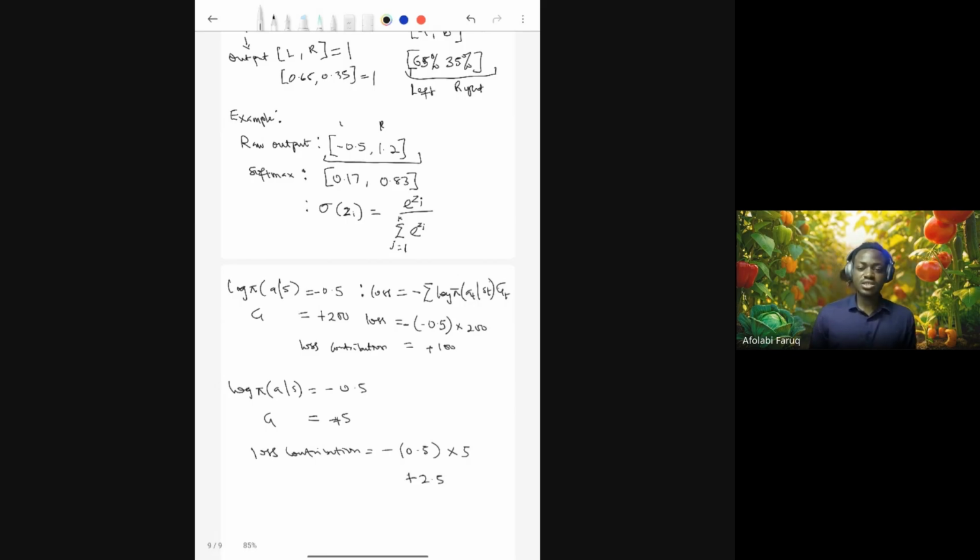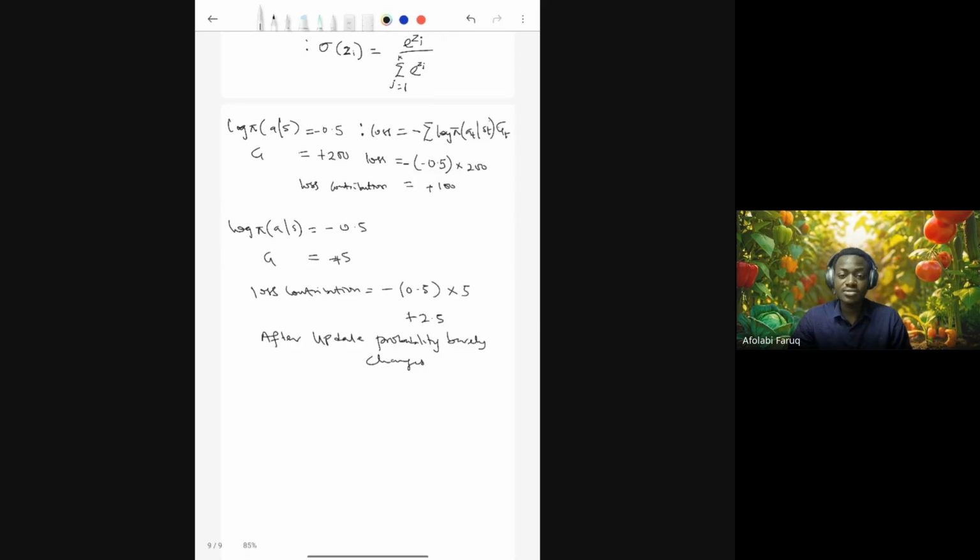So you can see that after updates, the probability barely changes. The probability barely changes even after updates. And that's one of the lessons we'll be learning from here.